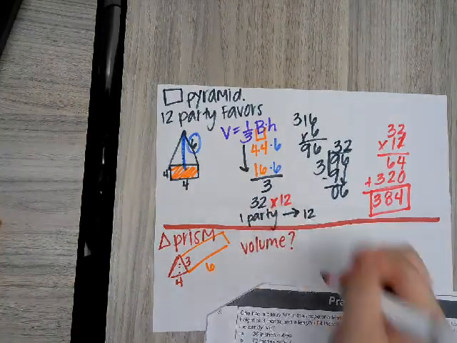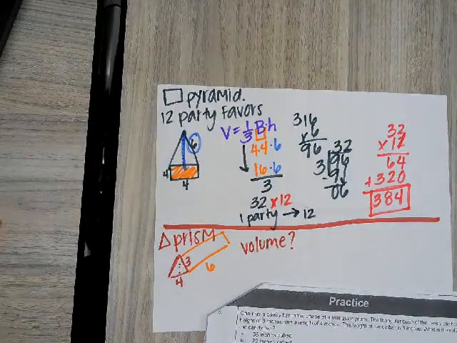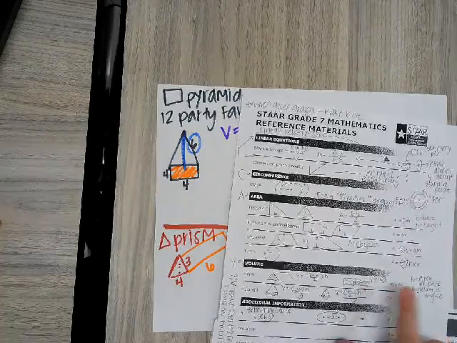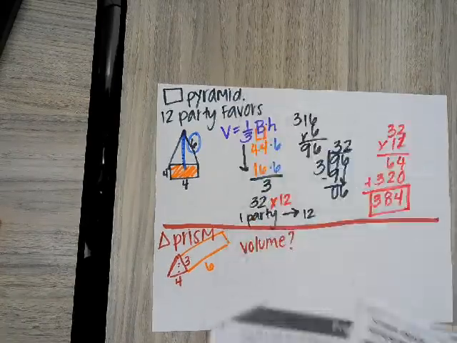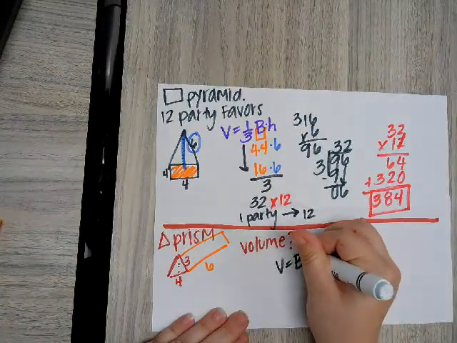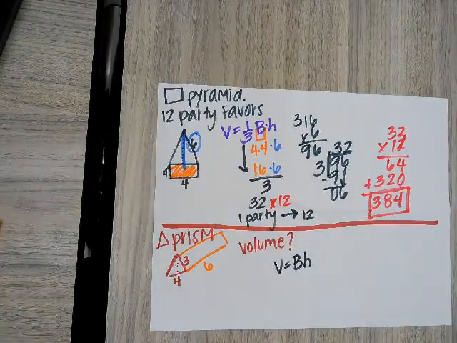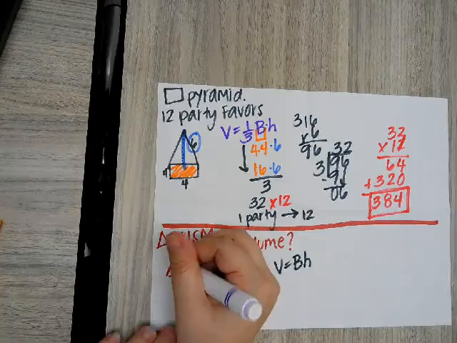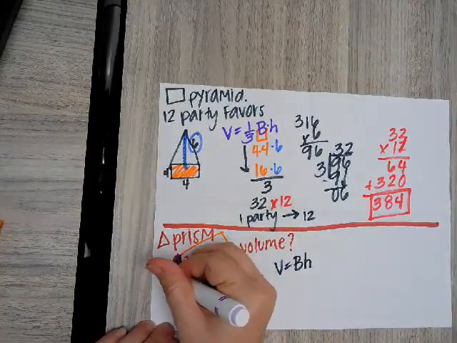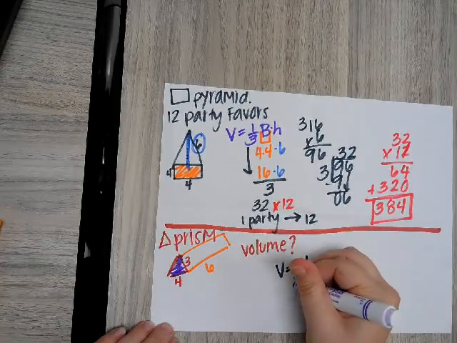Okay, so remember, the volume of a triangular prism is going to be V equals big B times H. This is my base, right? So my area of the base is going to be base times height divided by 2.